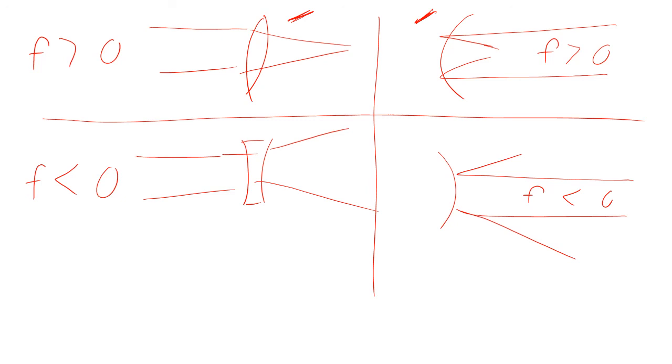A concave lens and a convex mirror are both negative focal length. They work in very, very similar fashions. So this is an application of this whole thing to the idea that we have corrective lenses. So that's an application of all these lenses and optics stuff we've been talking about.